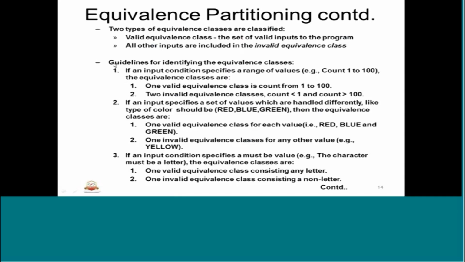A few guidelines for identifying the equivalence classes. First one, if an input condition specifies a range of values, suppose 1 to 100, the equivalence classes are one valid equivalence class from 1 to 100, and two invalid equivalence classes: one is less than the first count and the other one greater than the last count.